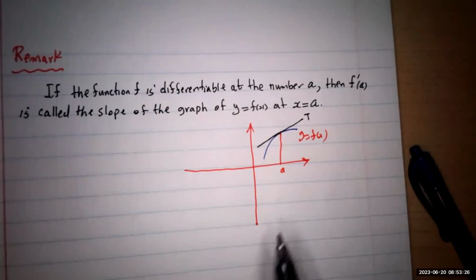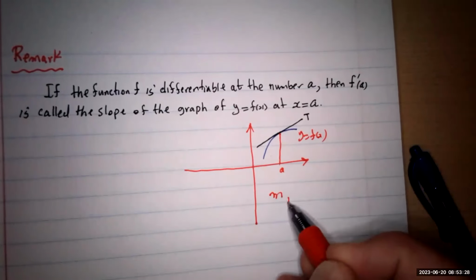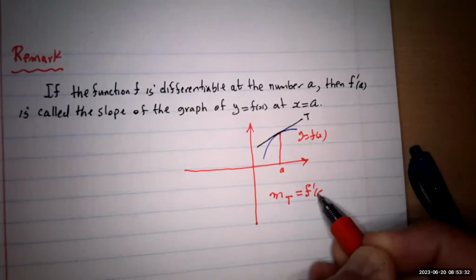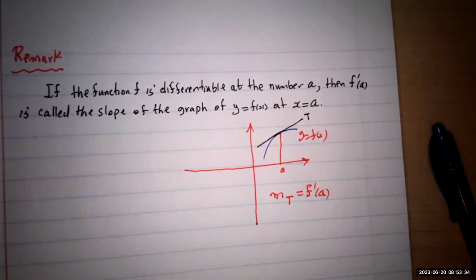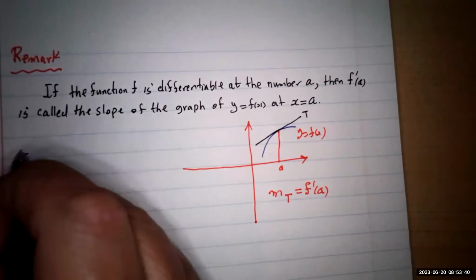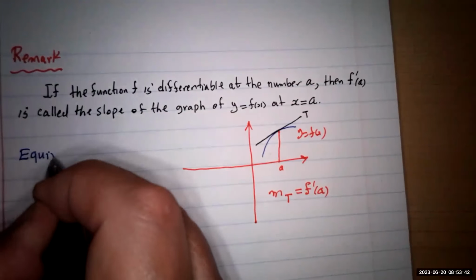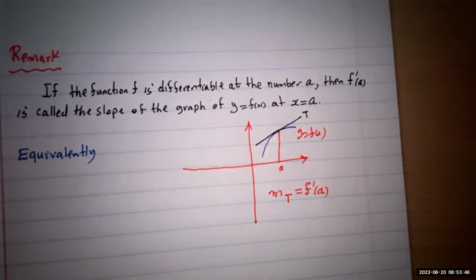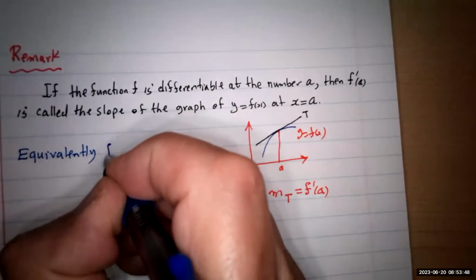In this case, the slope of the tangent line is going to be equal to f prime of a. So you can call it the slope of the curve, or equivalently, if you like. It's the same thing. Sometimes in your book, they ask for that slope.